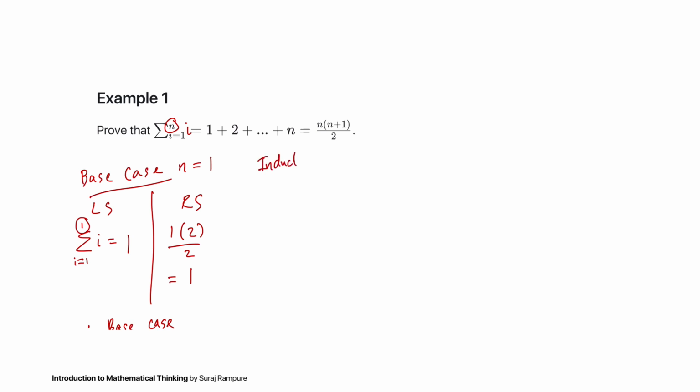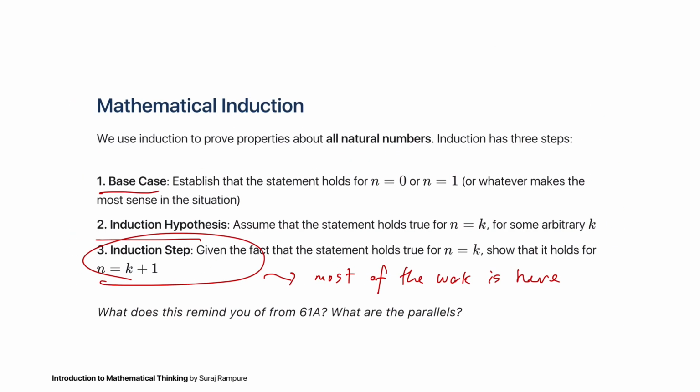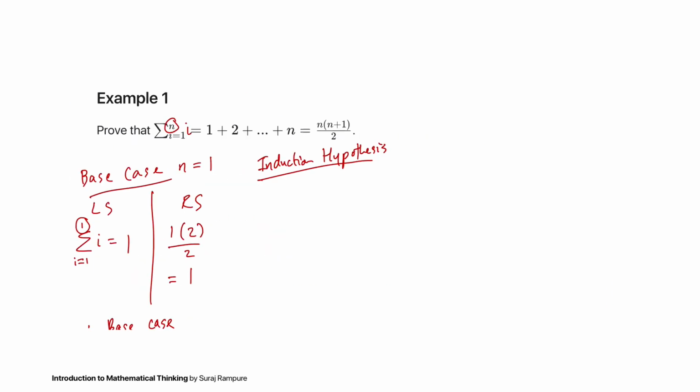Now I'm going to have induction hypothesis. And what am I going to do in my induction hypothesis? In the induction hypothesis, I assume that it holds true for n is equal to k. So I'm going to do exactly that.